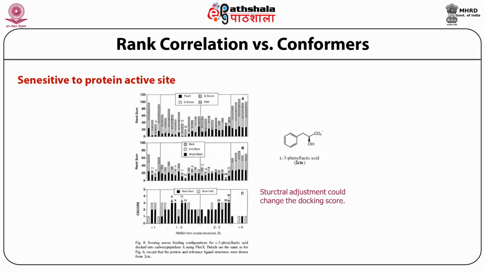Let us look at how it happens when we do a little more, that is depending on the protein active site. And there also, this is a compound which hardly has any chance of flexibility. Still, using FlexX and doing the scoring, what we noticed is once more C-score gives us better results.